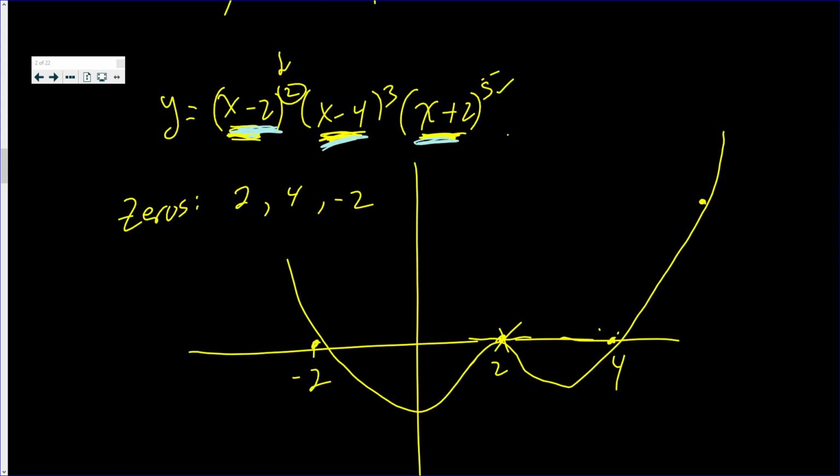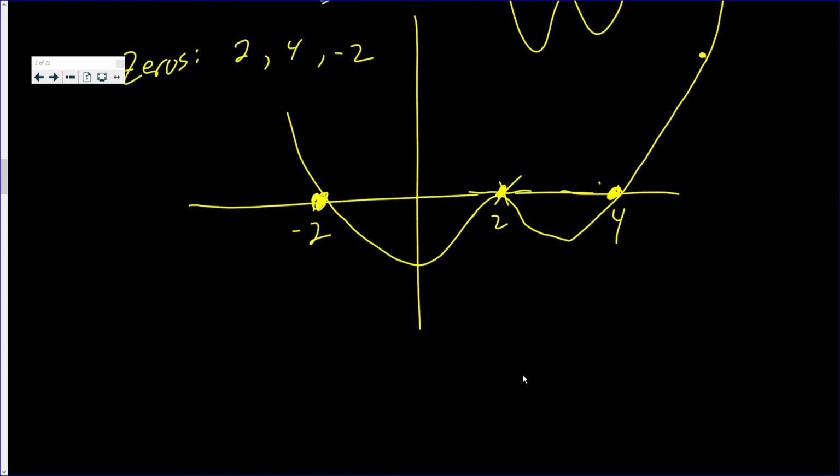Told you. You're just going to draw things like that. You cross at -2, you cross at 4, but you only touch at 2 because it's an even power. Odd powers, you're gonna change signs. Can't stress that enough.